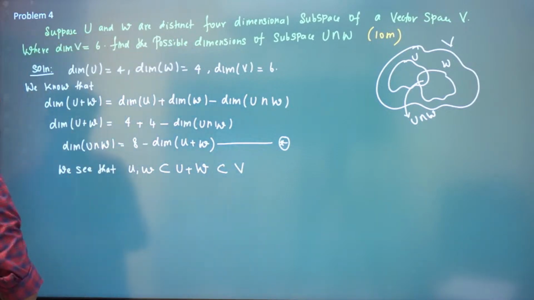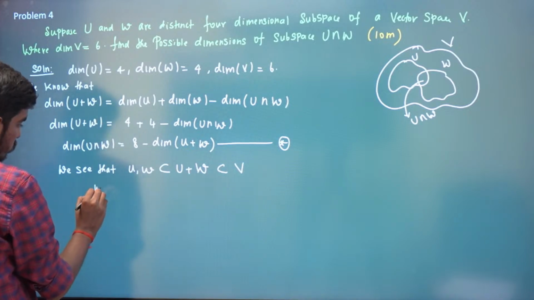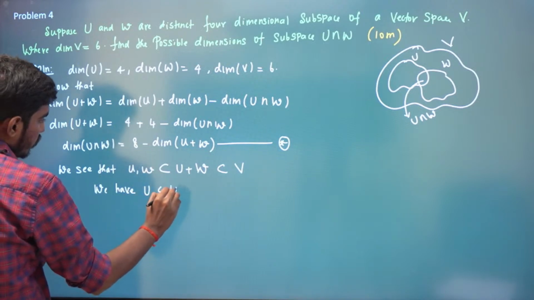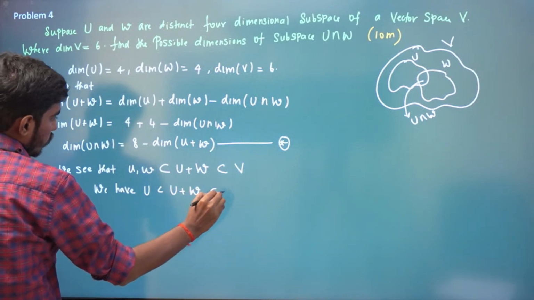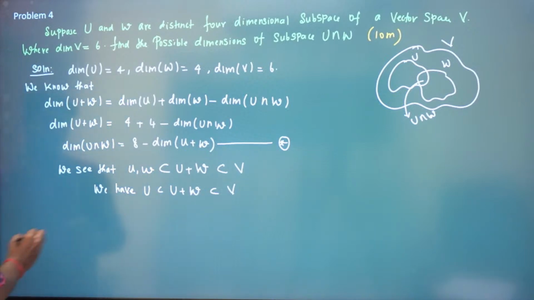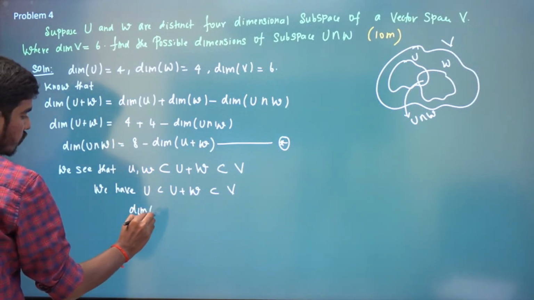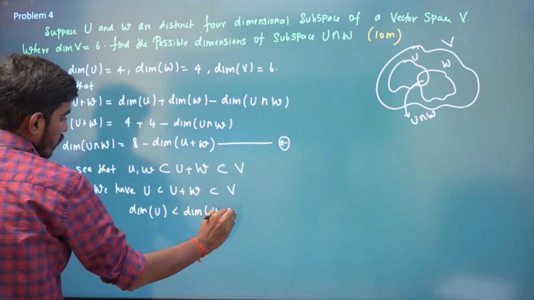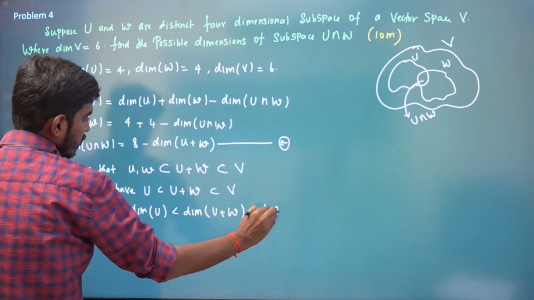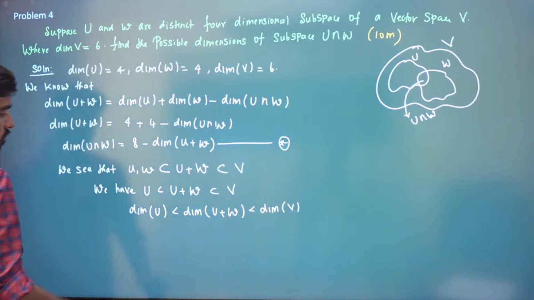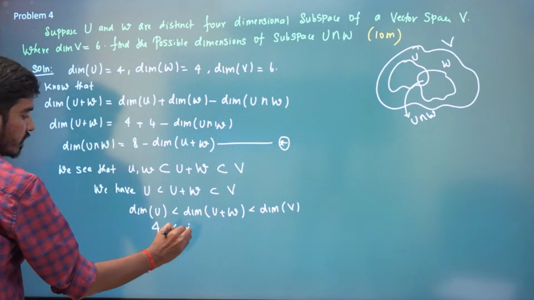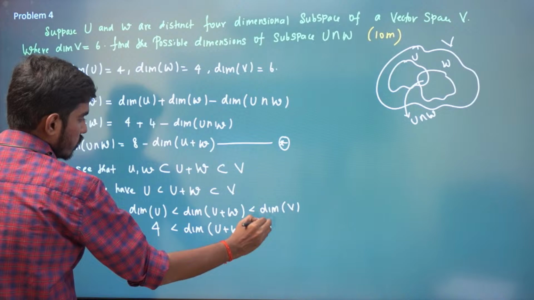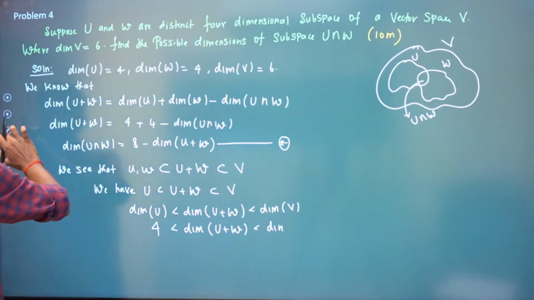Okay. Now we have U is contained in U plus W, and U plus W is contained in V. That means the dimension of U is at most the dimension of U plus W, which is at most the dimension of V. What is the dimension of U? 4 is at most the dimension of U plus W, which is at most the dimension of V, which is 6.